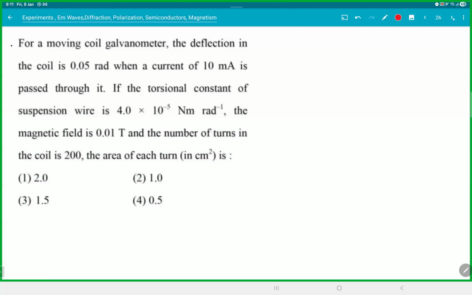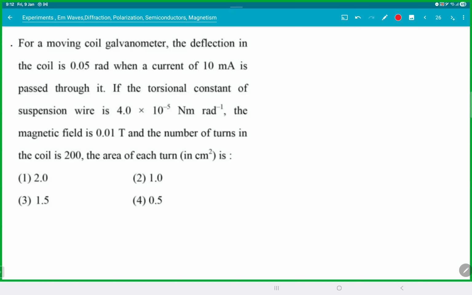Moving coil galvanometer. You should know the experiment there.